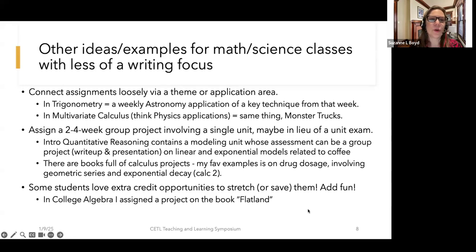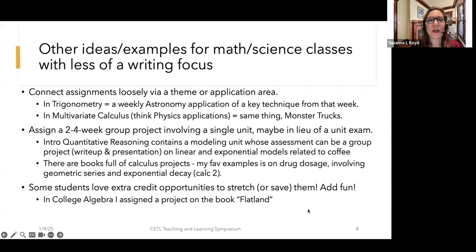So in trigonometry, for example, there's always a lot of application problems, but instead what I did one semester was every week I had them do an astronomy application, so that at the end they had this story to tell about putting all these things together. Under that heading, they had a richer understanding of mathematical uses in astronomy.